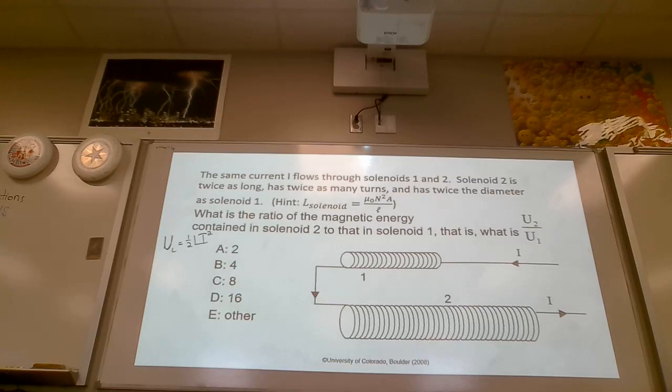Have a conversation. So the number of turns is twice as much, squared is 4. The diameter is twice as much, so the radius is twice as much. Squared.